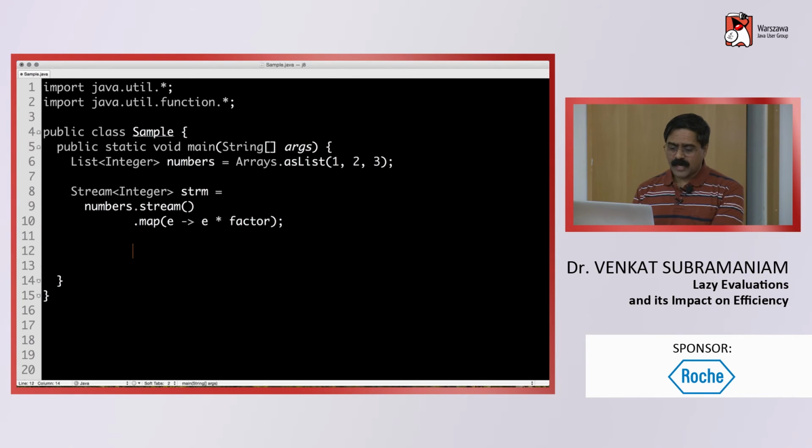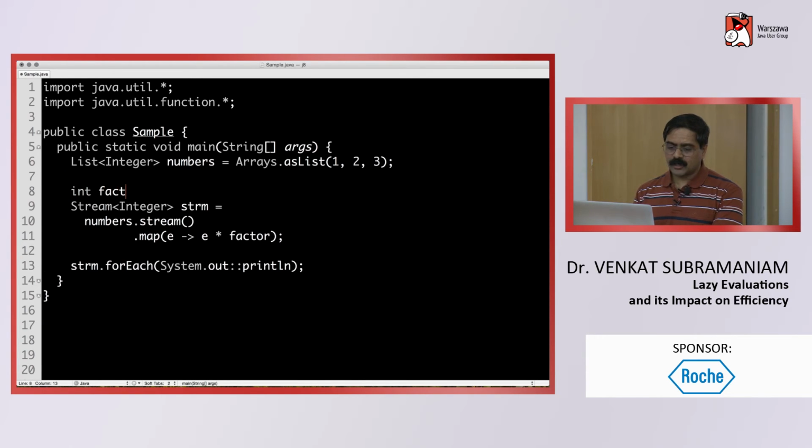And now I'm going to say stream.forEach System.out, and I'm going to print it. Well, let's start with this little example for a minute, and I'm going to go back here and say, in this particular code, int factor is equal to, let's say, 2.